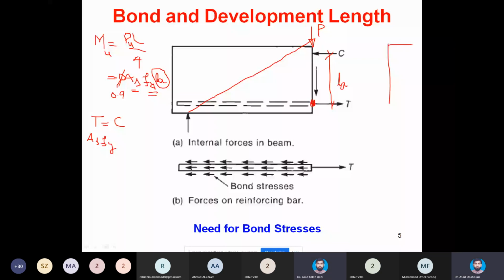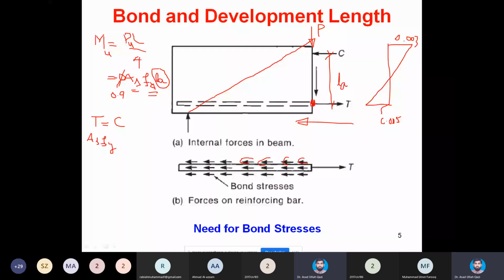So again, the question will arise: can you get this yielding without slip of the steel within the concrete mass? So it means pull will be applied, and on either side the bar will tend to be pulled out, and from this side also, this maximum stress section, it will tend to be pulled. On either side of the maximum stress section, there must be resistive stresses. So shown with these arrows, on the contact area between steel and concrete, natural chemical adhesion and friction will be present if this bar is plain.